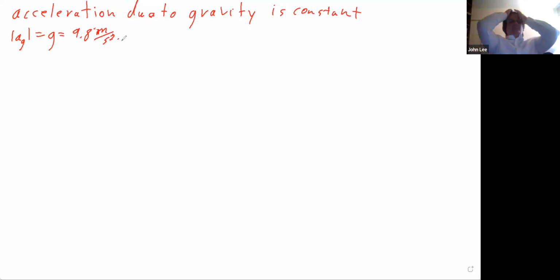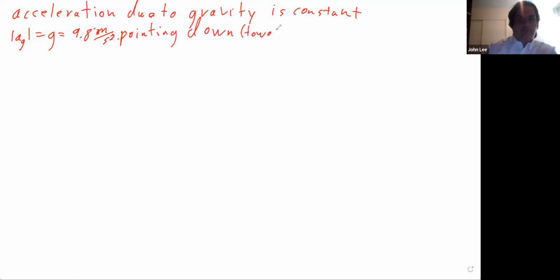So the acceleration due to gravity is some constant pointing down towards the center of the Earth.